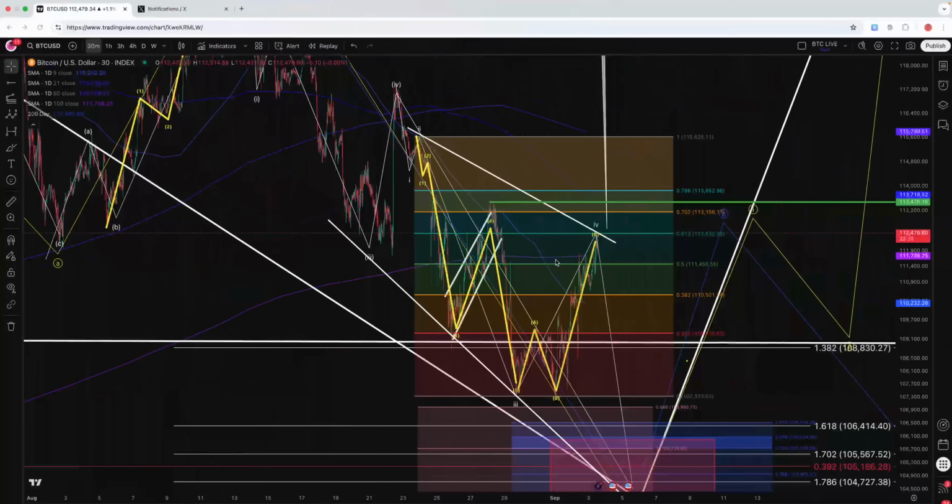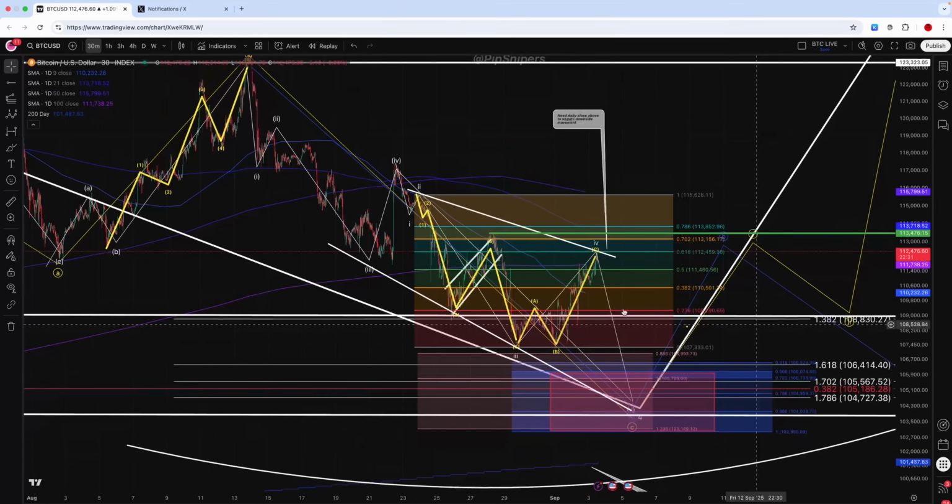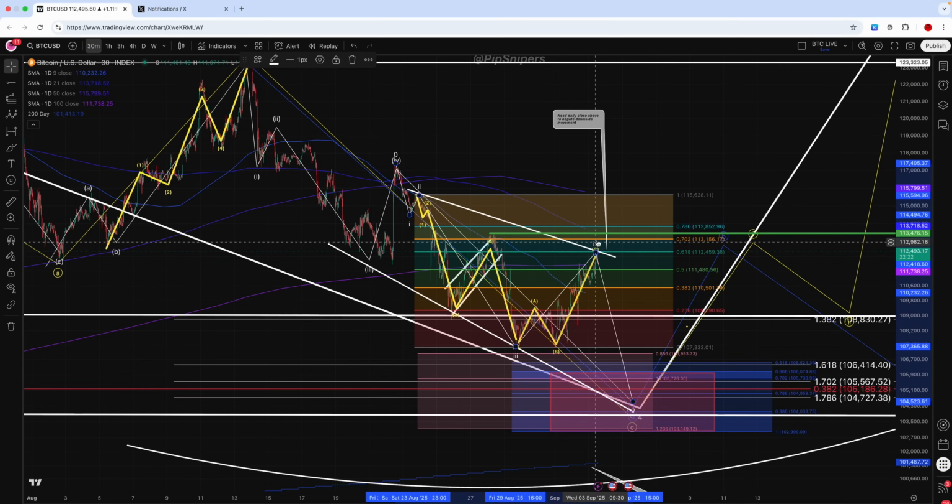However, the wave count has slightly changed over here because we were originally saying that this was a subwave 4 of 5, but we're actually going to place the wave 4 over here because this subwave, if it was a subwave 4 of 5, it would be overlapping into the waves that come before it.